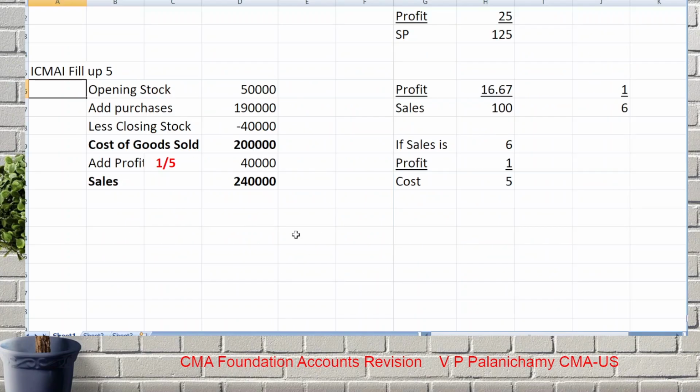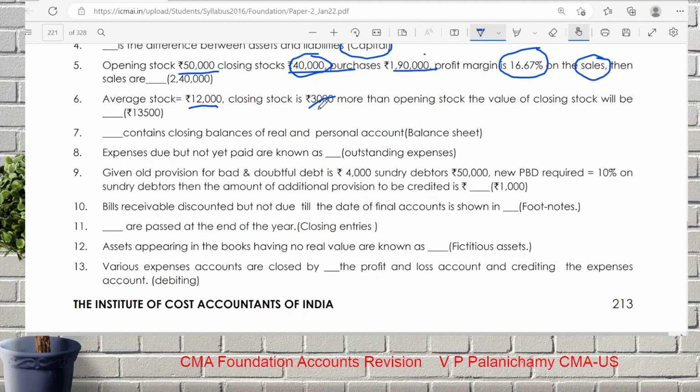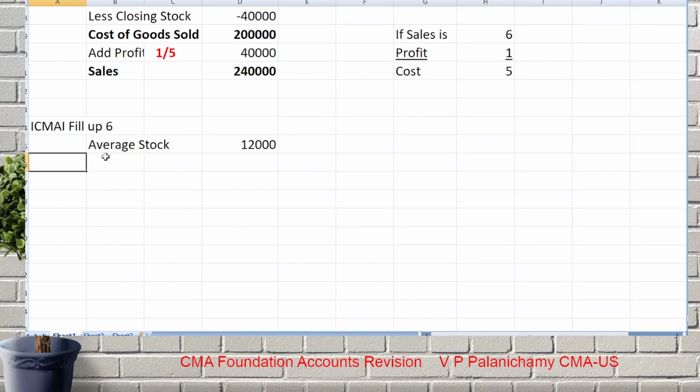We can apply the formula simply. What is the average stock given? 12,000. Which stock is more? Closing stock is 3,000 more than which stock?